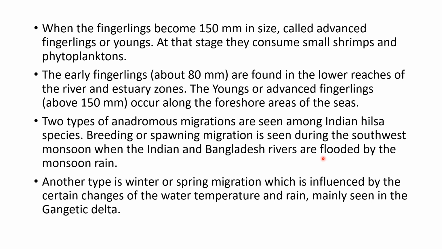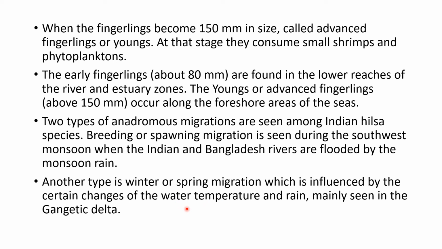So two types of anadromous migrations have been reported among the Indian Hilsa species. Breeding or spawning migration is seen during the southwest monsoon, when the Indian and Bangladesh rivers are flooded by the monsoon rain. Another type is winter or spring migration, which is influenced by certain changes of the water temperature and rain, mainly seen in the Gangetic Delta.